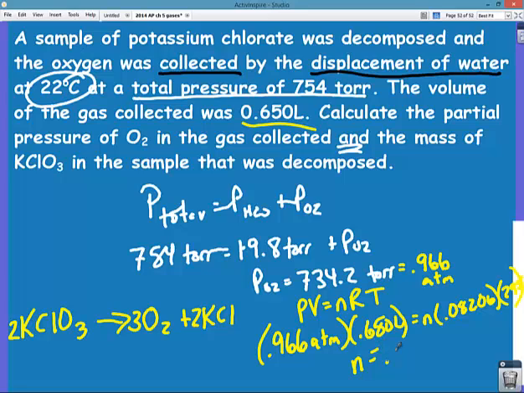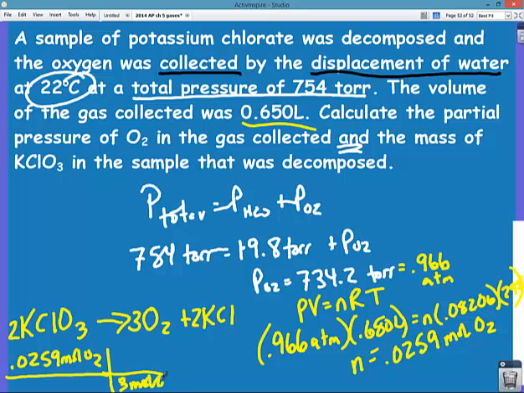And so our moles are 0.0259 moles of oxygen. And finally, we can do our mole-to-mole ratio. Converting that to grams.